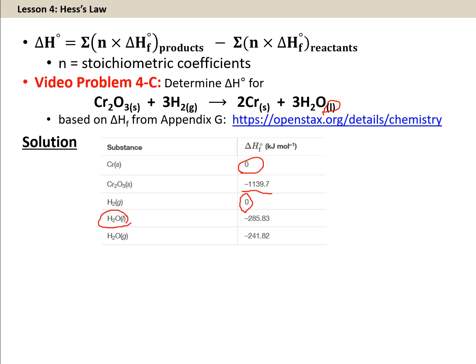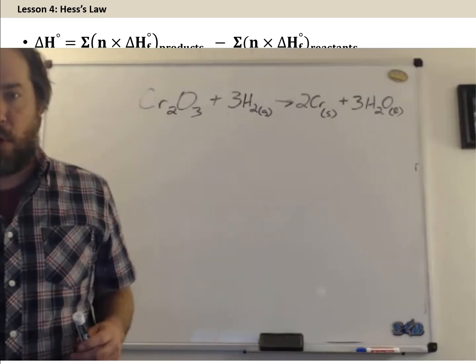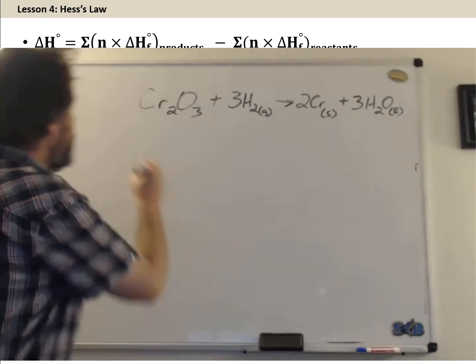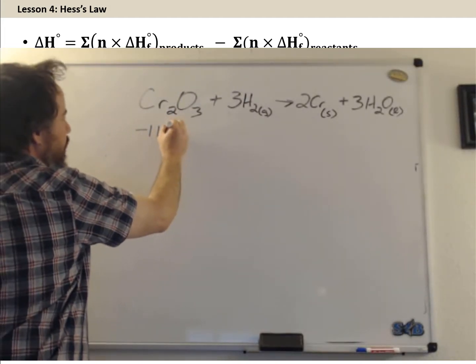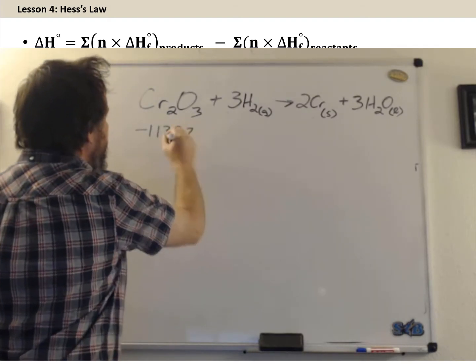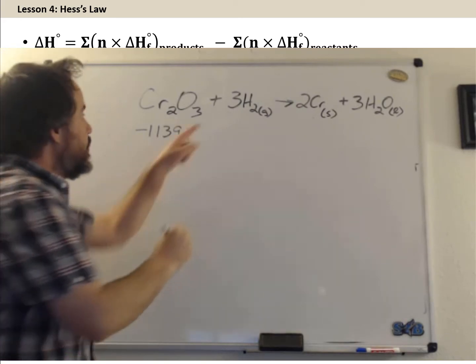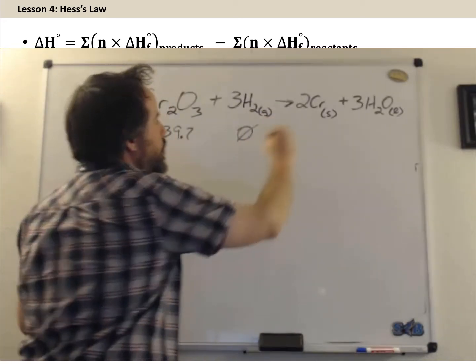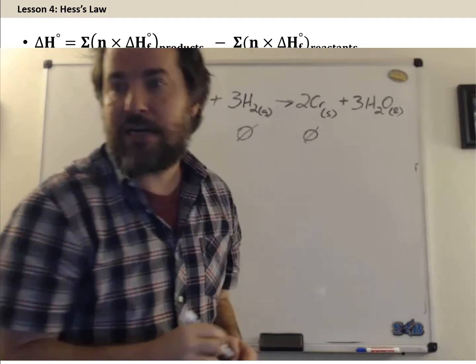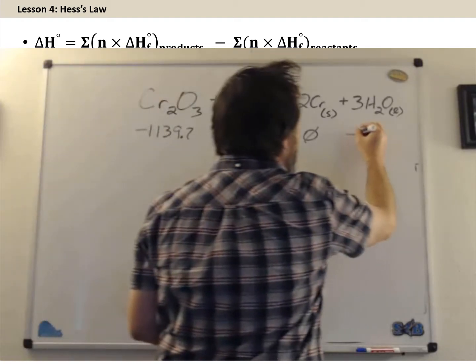All right, so I have this up here. Let's do this on the board. For Cr2O3, we're told it's negative 1,139.7, H2 is 0, chromium is 0, and then H2O liquid is negative 285.53.